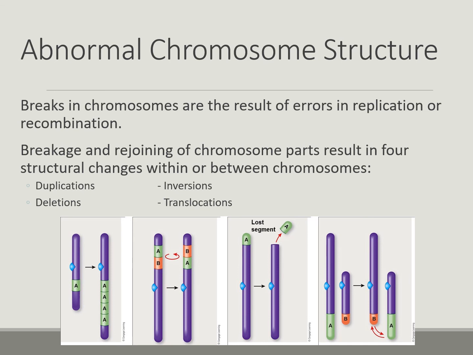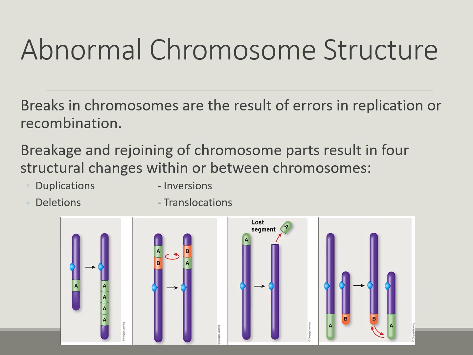In the third, a portion of the chromosome is deleted, and guess what? It's called deletion. And in the last set, a reciprocal translocation occurs when 2 non-homologous chromosomes exchange segments. The long and the short non-homologous chromosomes crossed over by accident, and this is known as translocation.